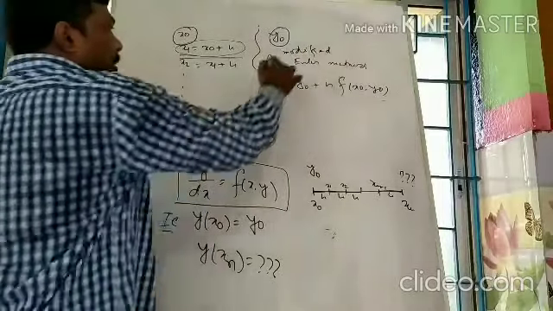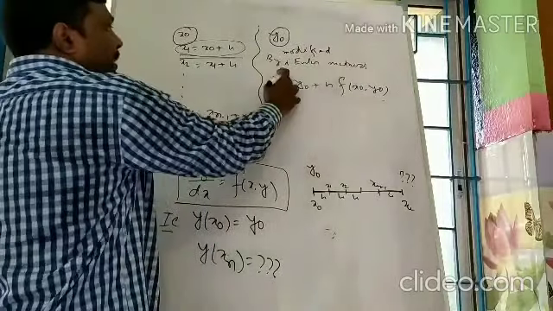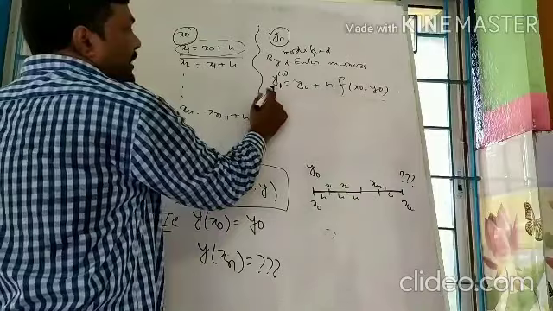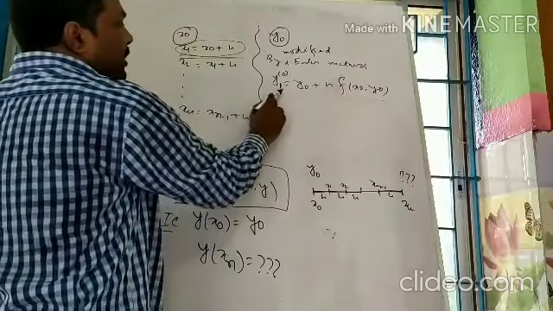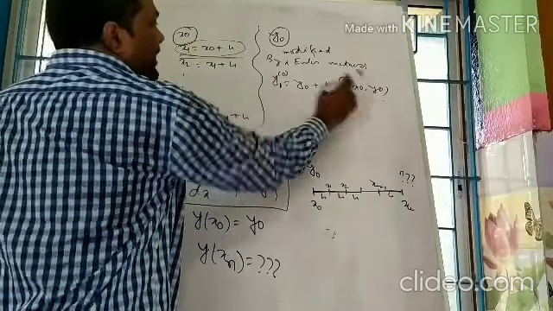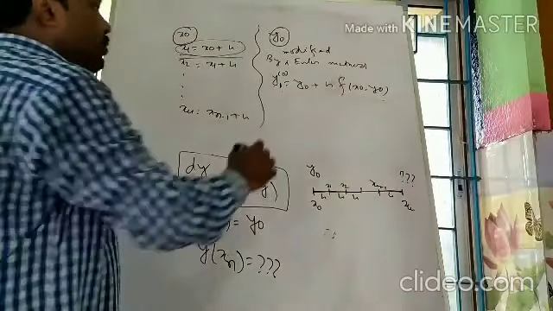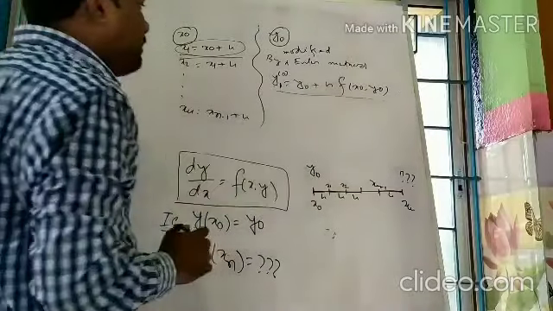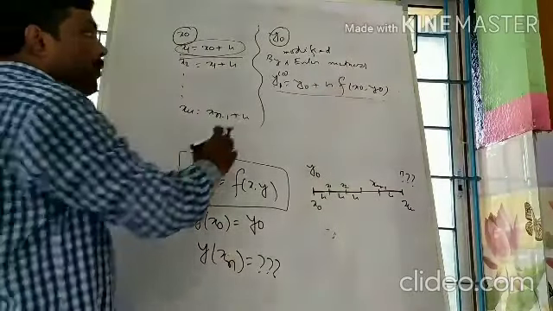Modified Euler method. Initial approximation of y1: y1(0) is y0 plus h f of x0, y0. Use Euler method for finding the initial approximation of y1.